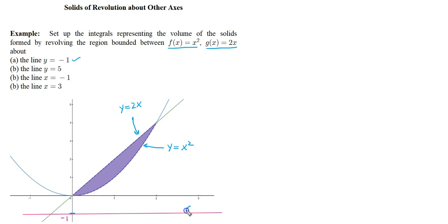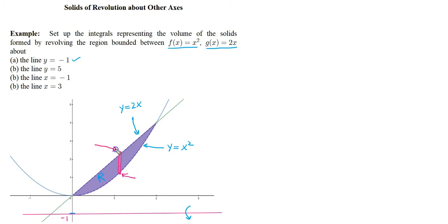So we want to rotate the region around here instead of just the x-axis, say. So this is our region R. Now this is where it comes in handy to draw a little rectangle, a thin rectangle perpendicular to your axis of rotation. Let me draw just a thin little rectangle like this, or you could just do a straight line perpendicular to your axis of rotation, and let's label the points here and here.